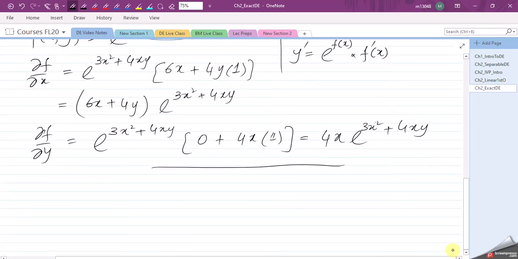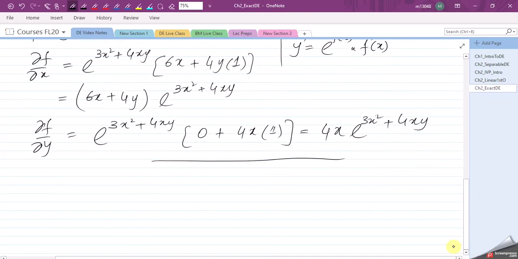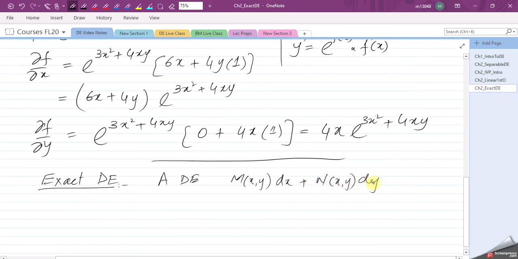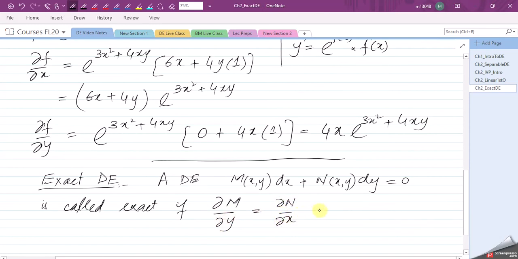Let's start the definition of exact equations then. What is an exact equation? A differential equation M of x,y dx plus N of x,y dy equals 0 is called exact if partial M by partial y equals partial N by partial x.